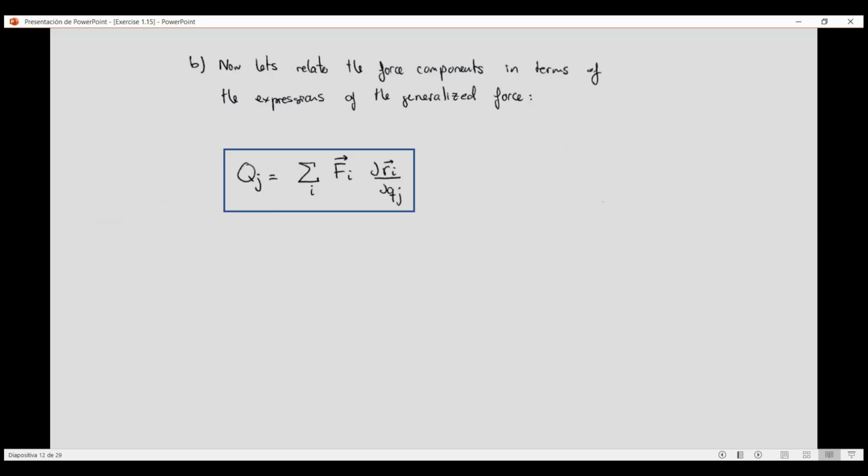Here the summation extends to the number of particles, but since we only have one, the index i does not vary and is equal to 1. For the force, for simplicity, which we will see shortly, I have taken the force in Cartesian coordinates and the qj then refer to the spherical coordinates. j will equal 1 for the radial coordinate, j equal 2 for theta, and j equal 3 for phi.